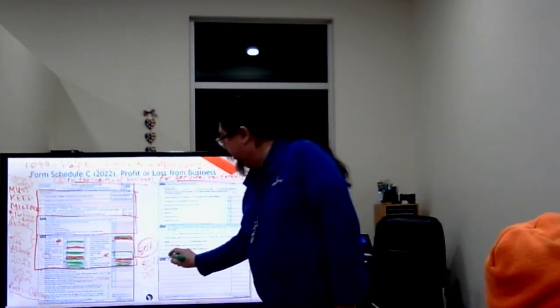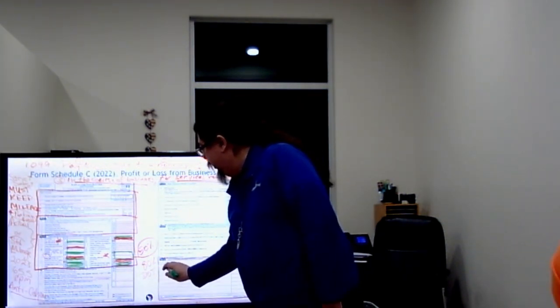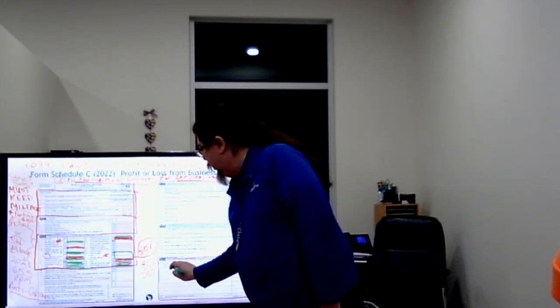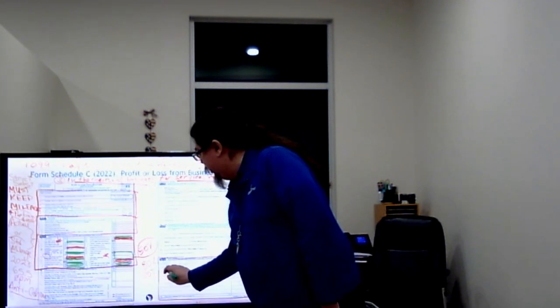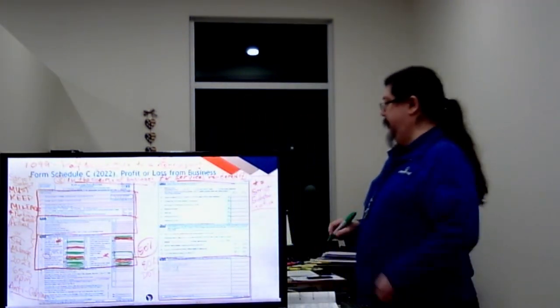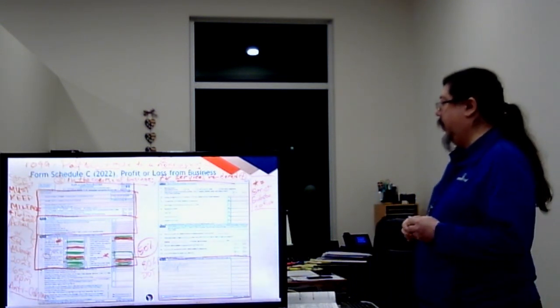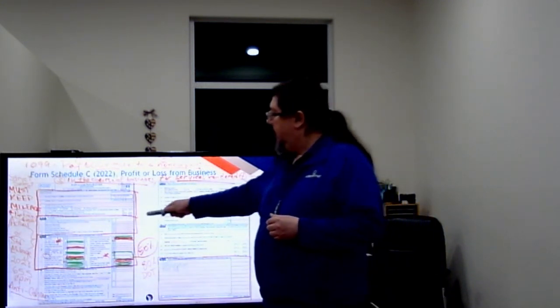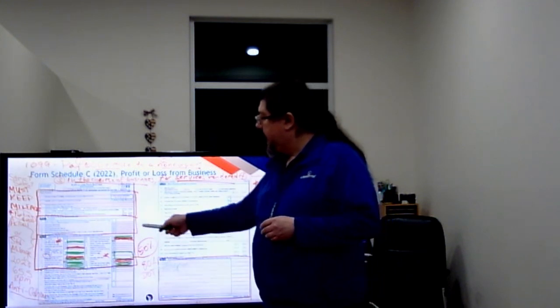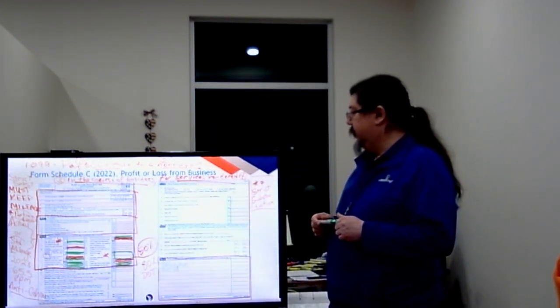We'll see things like dues and subscriptions, the continuing education, and things like that. And that finishes up most of Part 3. So we have all of our income from Part 1, and then all of our expenses from this section of Part 3, at least lines 1 through 27.